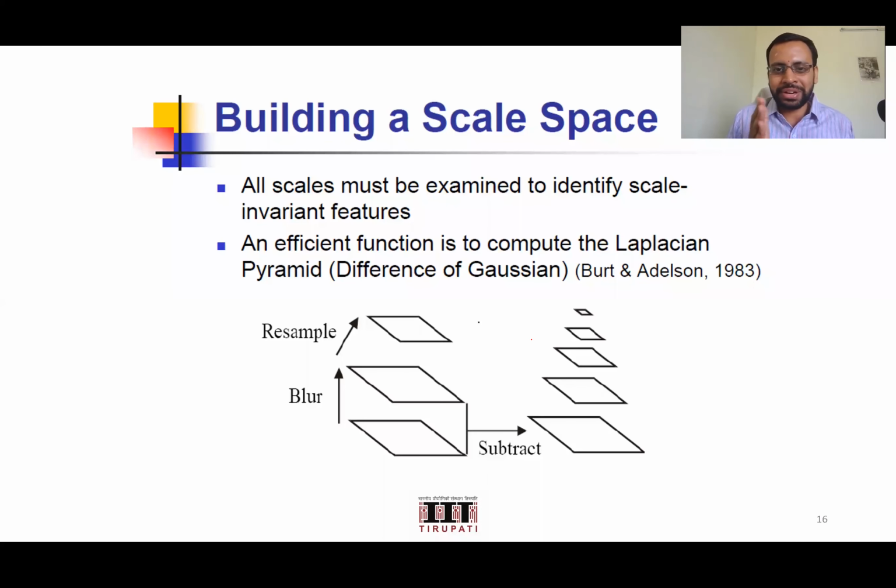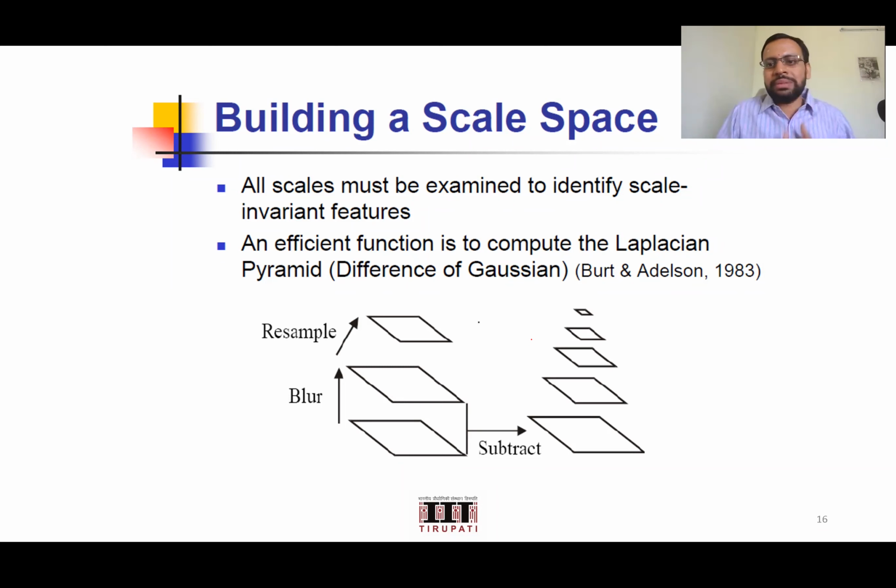If any of you have not gone through the scale invariant Harris properly, please go back, because I am now just mentioning those things which we discussed in detail there. There we discussed that increasing your variance value a lot would be equivalent to applying a small value of variance on a resampled image, where resampling here is in fact downsampling.